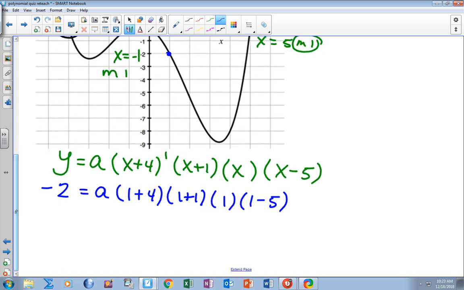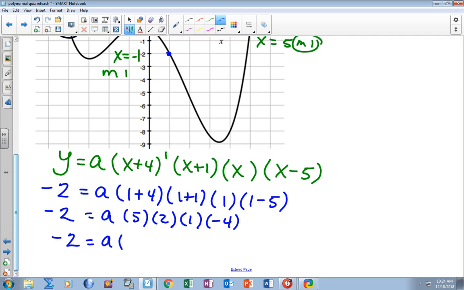Now we do the math. -2 equals a times 5 times 2 times 1 times -4. 5 times 2 is 10, times 1 is 10, times -4 is -40.